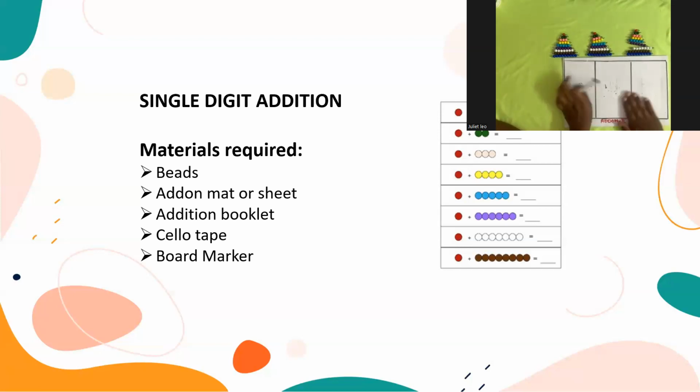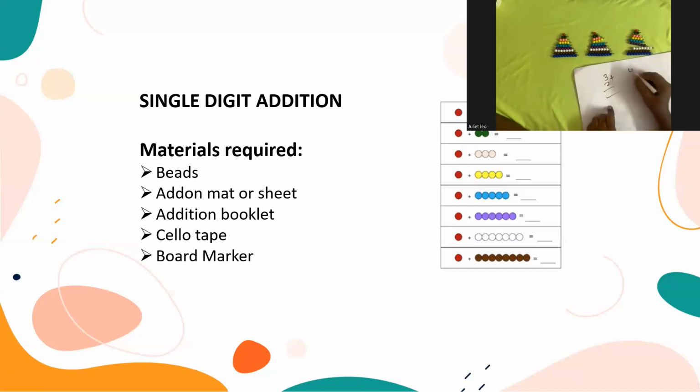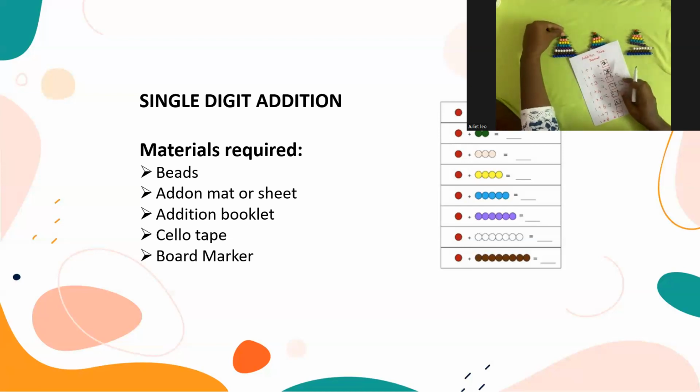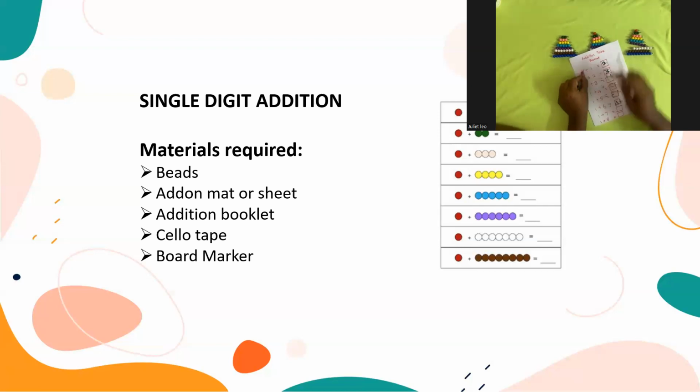Once the child is very confident about this, we can show addition in the form 3 plus 2, 4 plus 1, like this. We can also show them the addition tables, that is, 1 plus 1, 1 plus 2. Keep one bead as a constant, and they change the second addend alone: 1 plus 1 is 2, and they change the number 2 here.